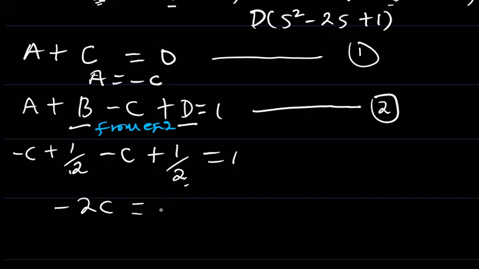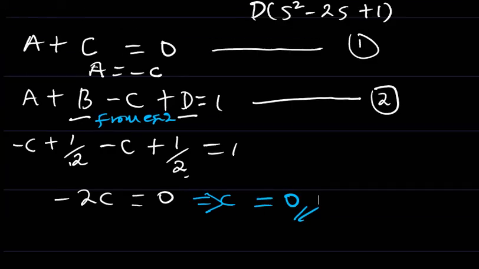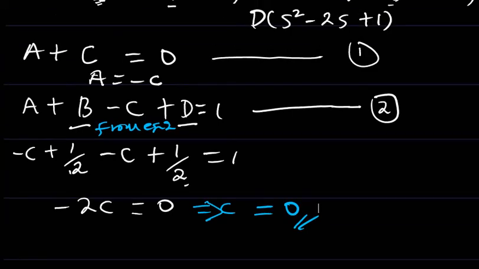Minus 2c is equal to 0. Invariably now, c is equal to 0. So if C is equal to 0, invariably A is also equal to 0.